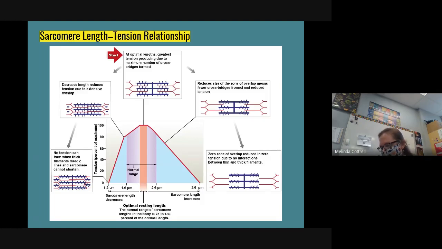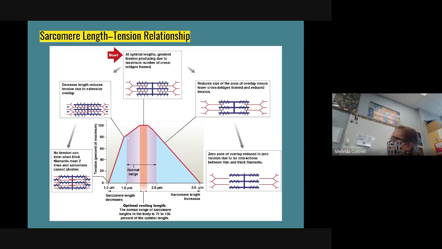A decrease in the resting sarcomere reduces tension because the stimulated sarcomeres cannot shorten very much. And so what you see there is, actually, it's looking shorter, correct? You see that it's looking shorter on this side.